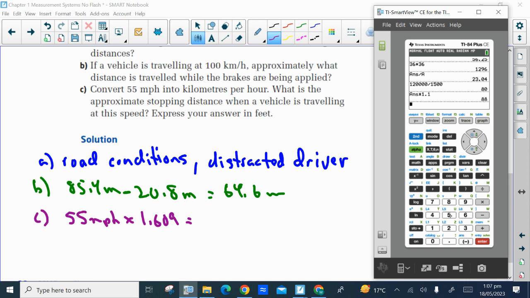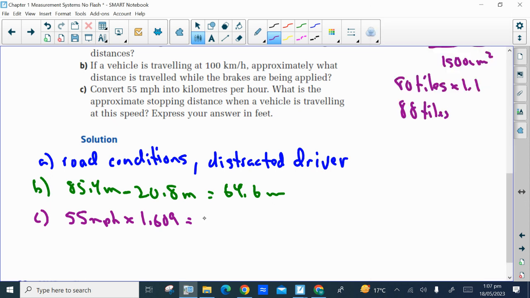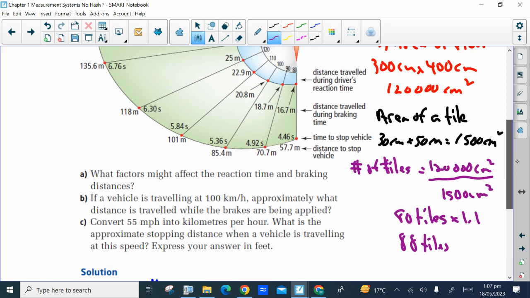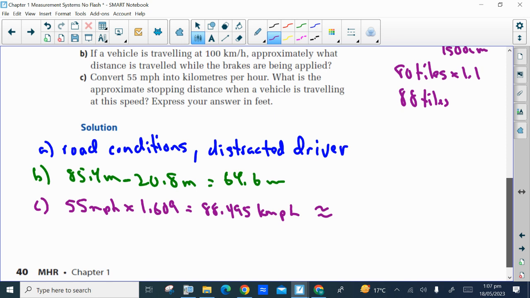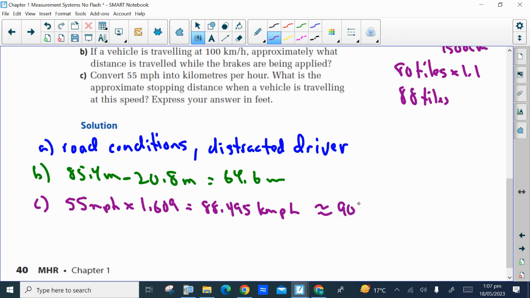Again, it's 55 times 1.609, which is 88.495 kilometers per hour, which we're going to have to round because our table goes 80 kilometers an hour, 90, 100, and so on. So we're going to have to round that up to 90 kilometers per hour.